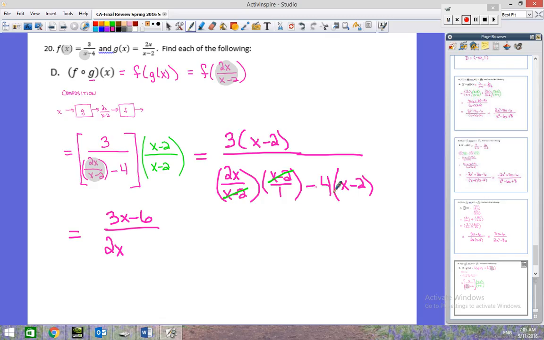Now, minus, and I'm going to distribute the 4 through there. So it's going to be a minus 4x, and then the negative times the negative there is positive. So I'm almost to my final answer. I've got 3x minus 6 over, here 2x take away 4x is a negative 2x plus 8. Now, since those are terms, I can't try to simplify this any further. For number 20, this is my final answer.